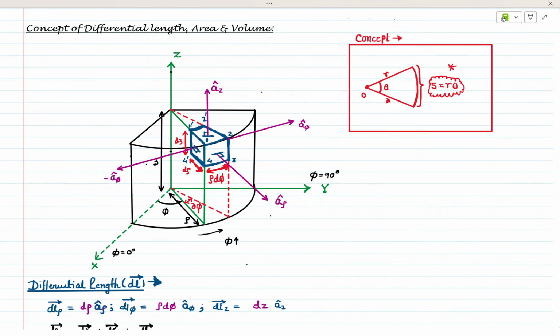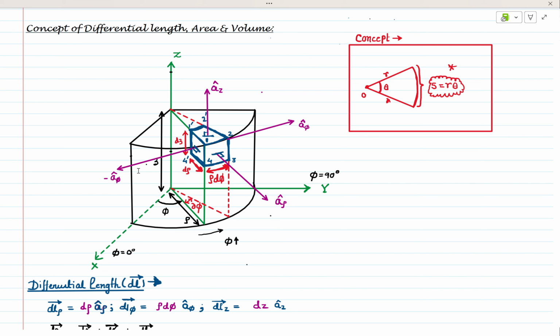Similarly, if I consider the area 1 dash, 1, 4, 4 dash, then the direction will be in the direction of minus a phi. Direction will be in the direction of minus a phi. See, a phi is in this direction, minus a phi is in the opposite direction. Remember this point.